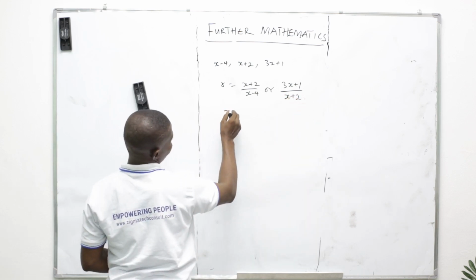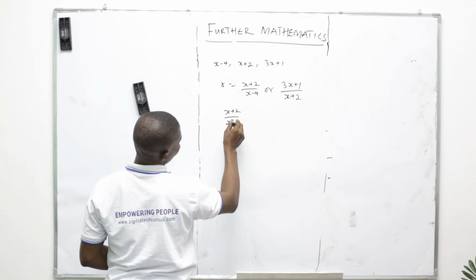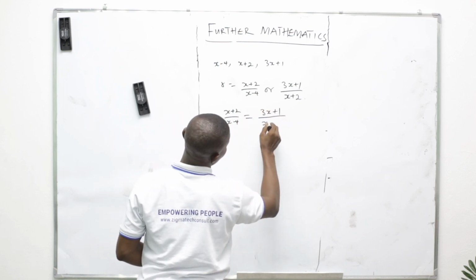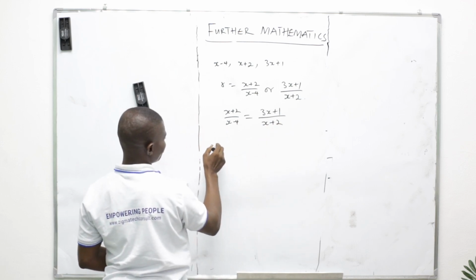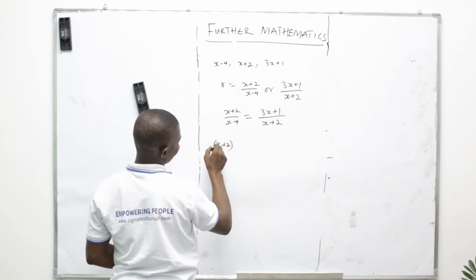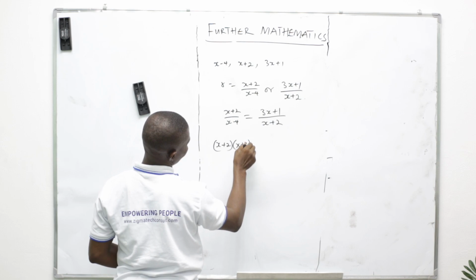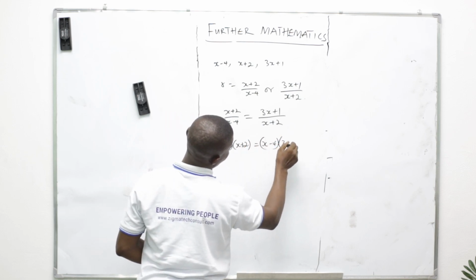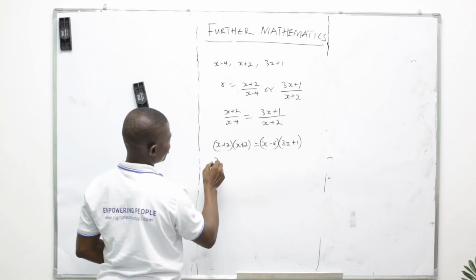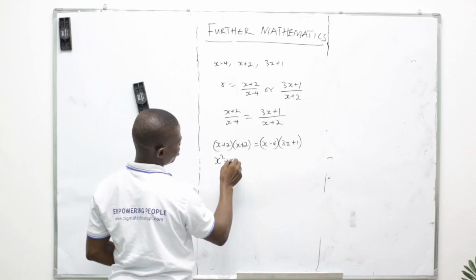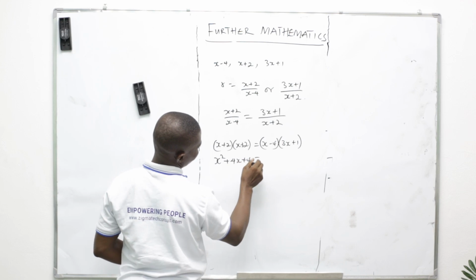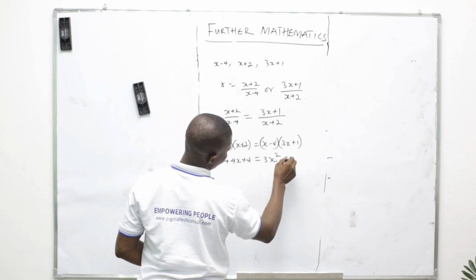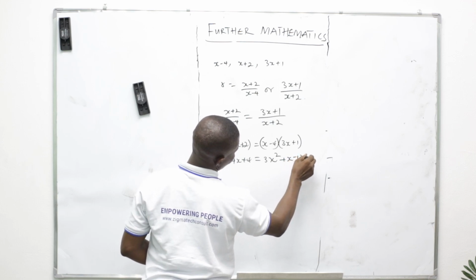So x plus 2 all over x minus 4 equals 3x plus 1 all over x plus 2. Cross multiply: x plus 2 times x plus 2 equals x minus 4 times 3x plus 1. x squared plus 4x plus 4 equals 3x squared plus x minus 12x minus 4.